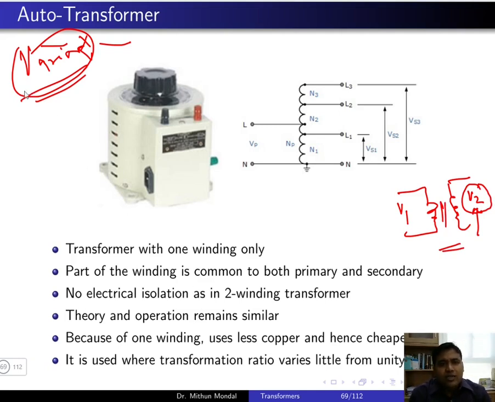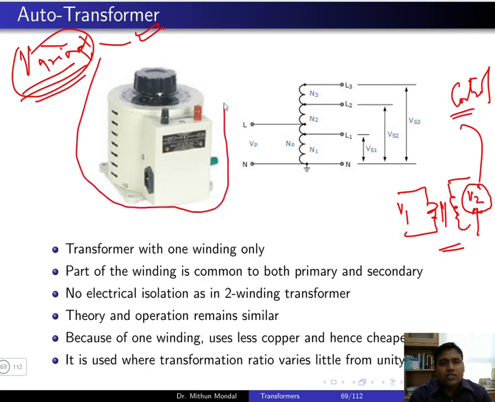Whereas in the variac or the auto transformer, which is a variable AC transformer, you can control this voltage V2. In order to control this voltage, that is known as the auto transformer. This is the auto transformer that we have been using in the lab. Here also you will have a primary circuit and a secondary circuit. The primary circuit will be given the supply voltage.